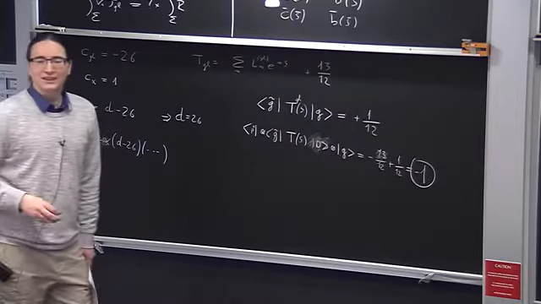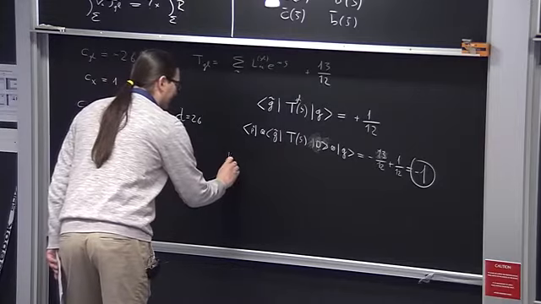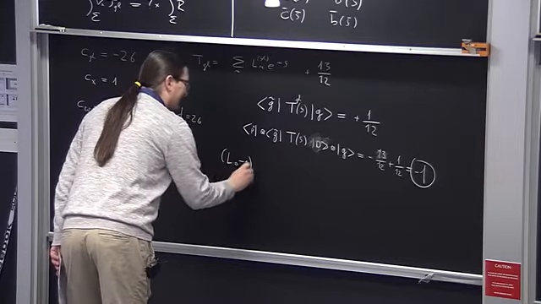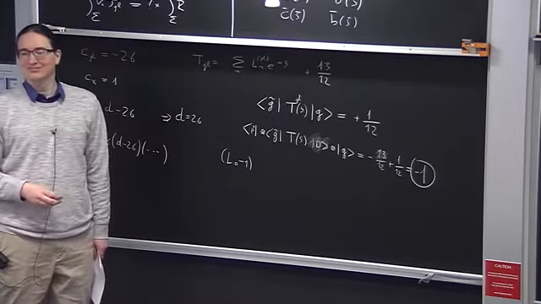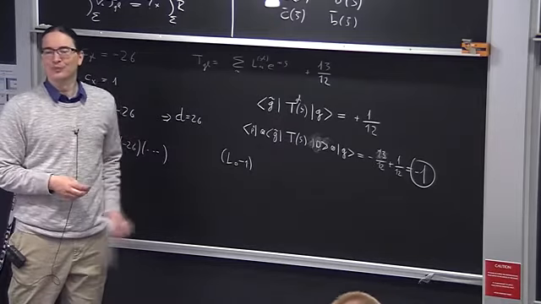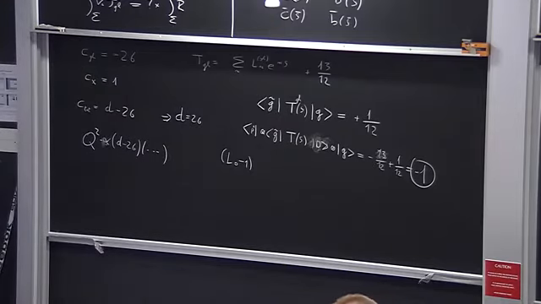This is that minus 1 that we had when we were saying that the physical states are at L_0 equals minus 1. The Casimir energy of the matter plus ghosts is minus 1.